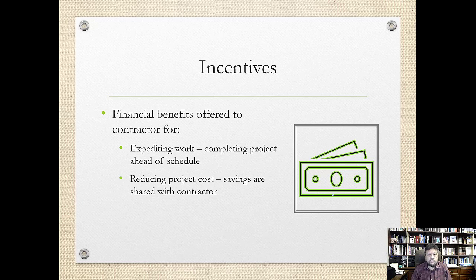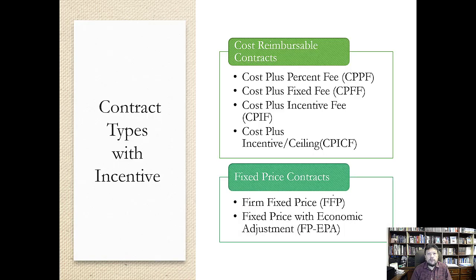In this particular case, we will look at the incentives that are related to costs. There are two types of contracts where you can set these. You have cost reimbursable contracts, in which all the billing for the work that has been executed will be made by the contractor to the client, and on top of that there will be a fee based on either a percentage, a fixed amount, or some sharing formula.